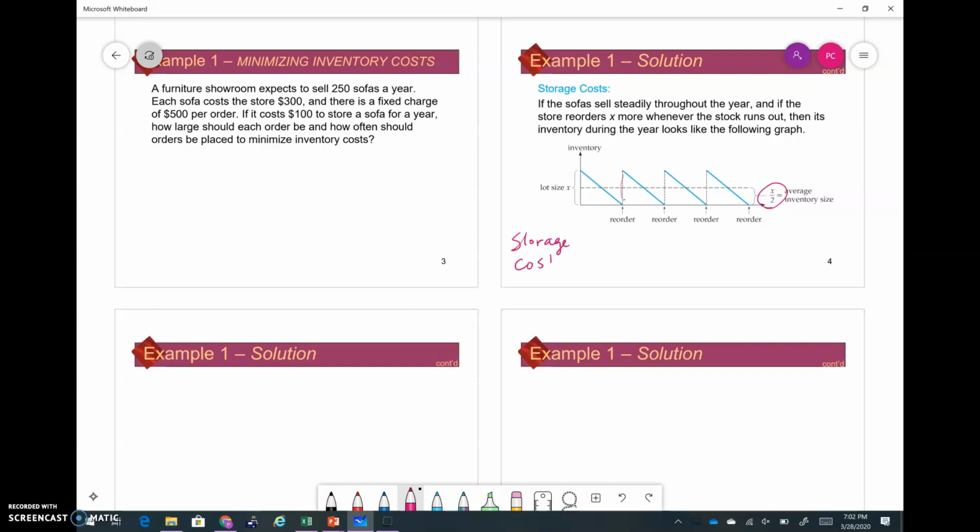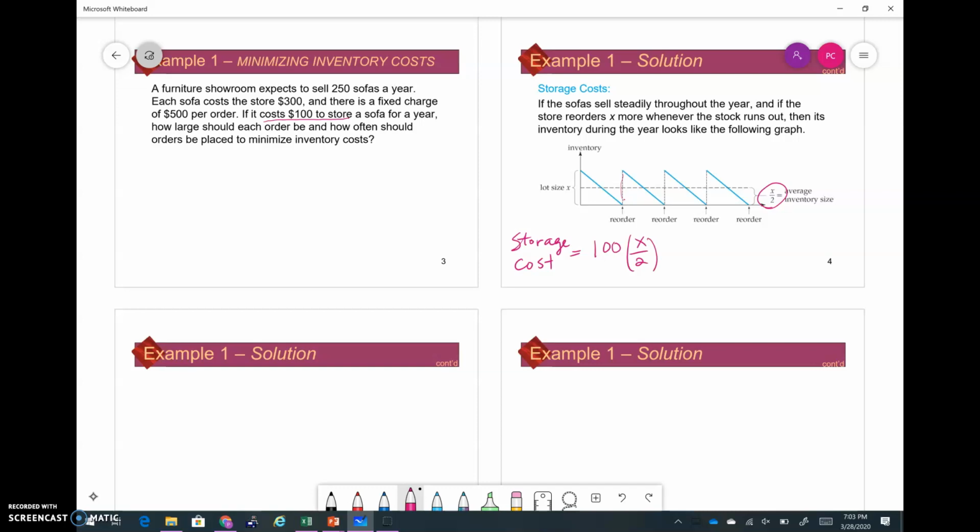is going to be the storage cost per item. If you look at the last sentence here, it costs $100 to store a sofa for a year. So the cost per item, which is $100 for this case, times the average number of items that we have, which we said was x over 2.